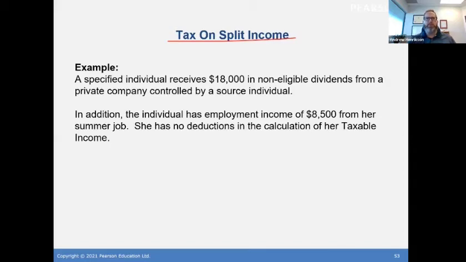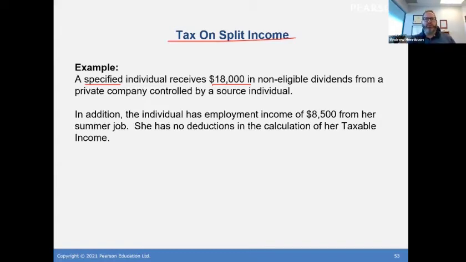It's a non-eligible, so it came from a small business income. So our person specified, this is the person we're talking about. The only reason why I call this specified individual, like we're talking about, here's who this income is going to, and we're going to decide if it belongs with them.